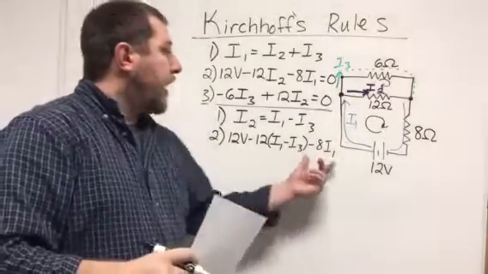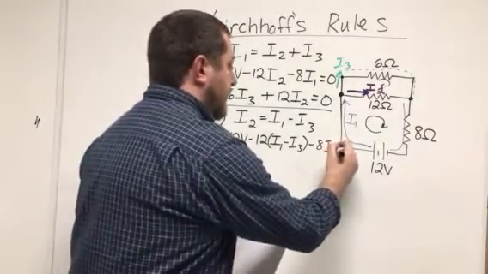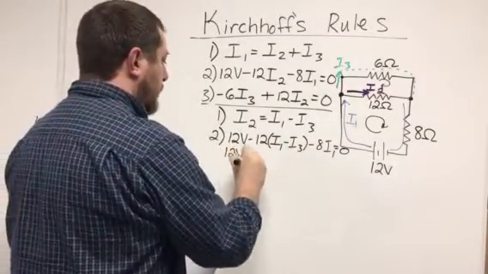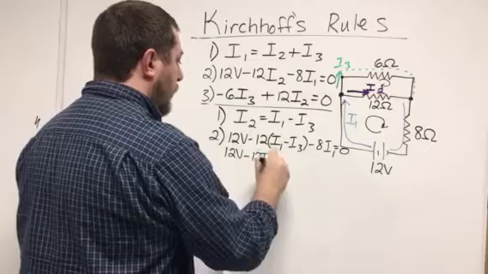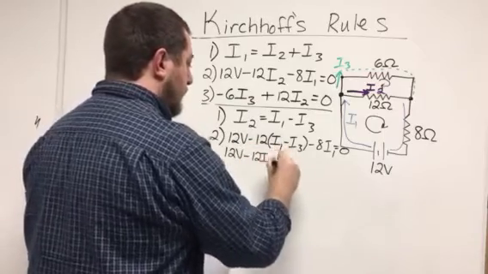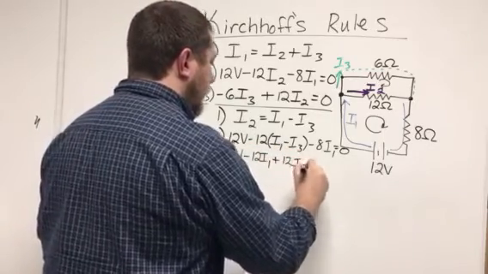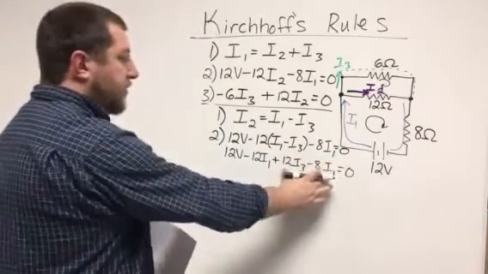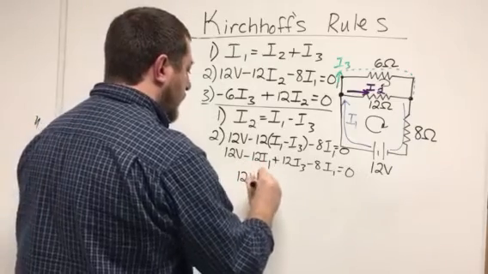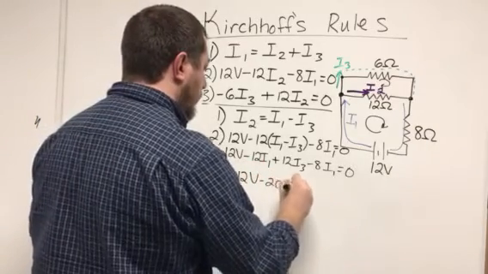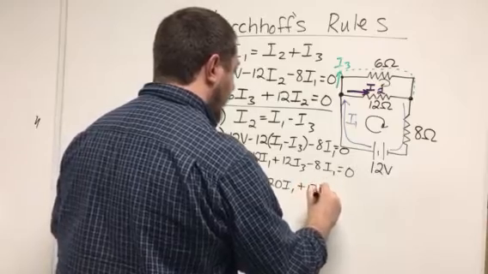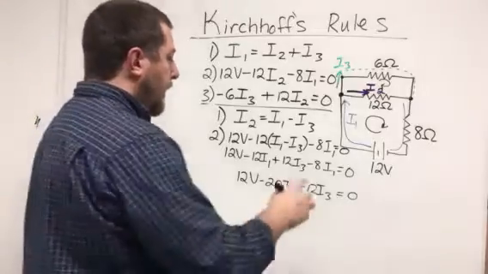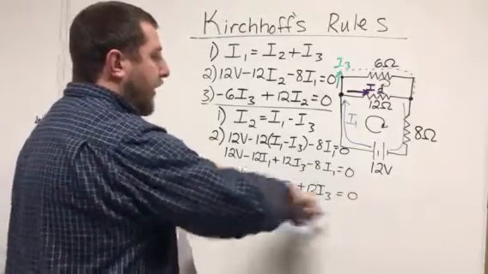And if I simplify this, and of course this is equal to 0, I'm going to get 12 volts minus 12I1 plus 12I3 minus 8I1. And simplifying further, I'm going to get 12 minus 20I1 plus 12I3 is equal to 0. Okay, so this is our new equation 2.